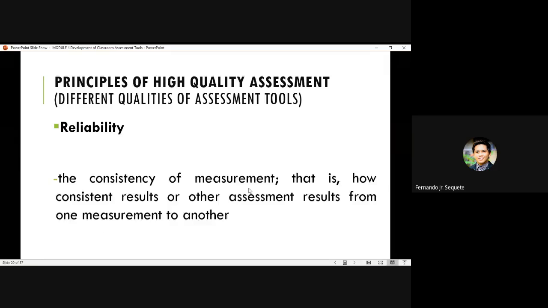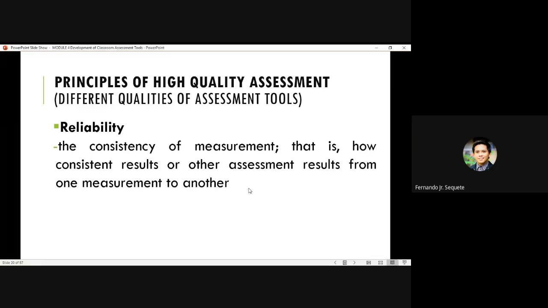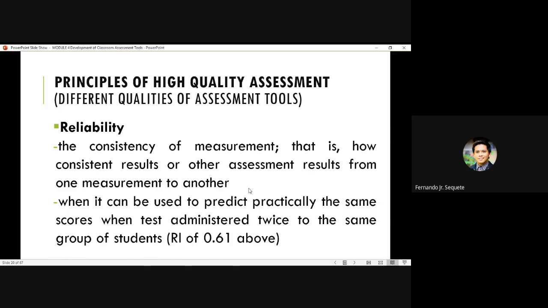Next, reliability. Again, reliability is all about consistency. Because the exam is very consistent, therefore, if you're going to use this particular quality of assessment tool, you can actually predict the performance of the students. So why can we predict the performance of the students? It is because alam na natin yung content.